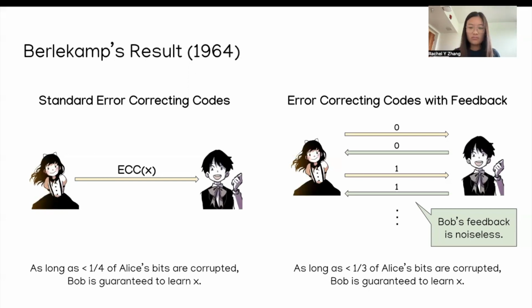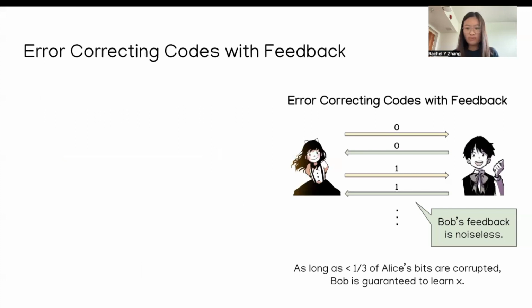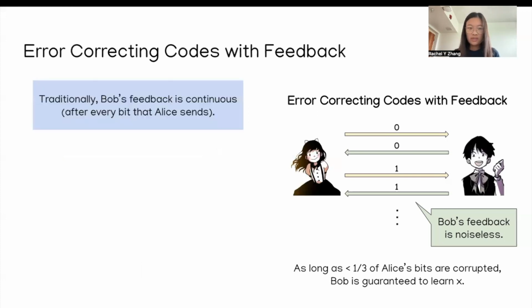Okay, so maybe let's talk a bit more about this result. Traditionally, when people study error correcting codes with feedback, Bob's feedback is continuous, which means that he sends feedback after every bit that Alice sends.